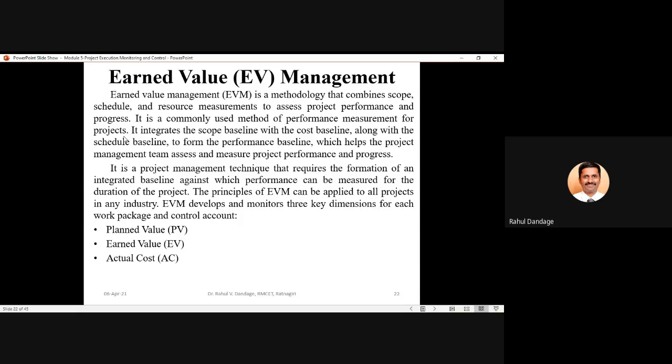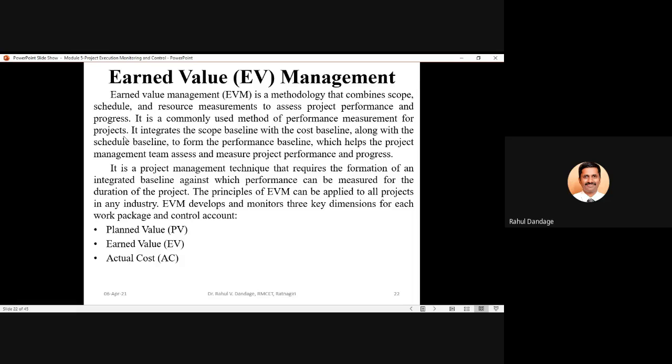It is a commonly used method of performance measurement for projects. EVM integrates the scope baseline with the cost baseline along with the schedule baseline to form the performance baseline, which helps the project management team to assess and measure project performance and the progress of the project.